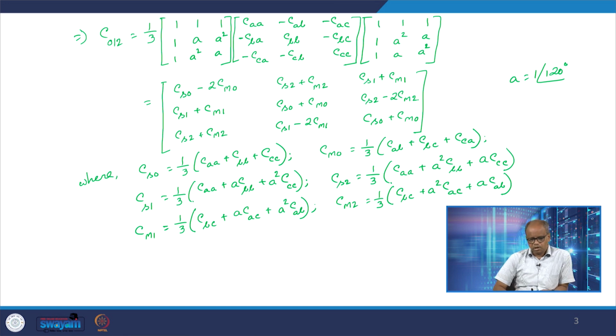So for a line that is not completely transposed, even going to the sequence domain does not really simplify our calculation process.